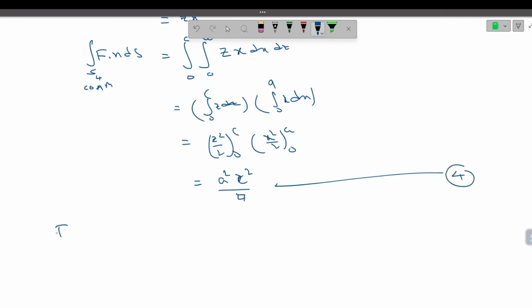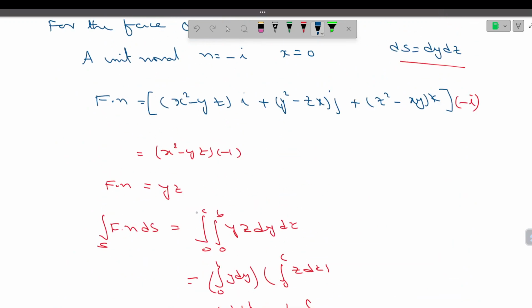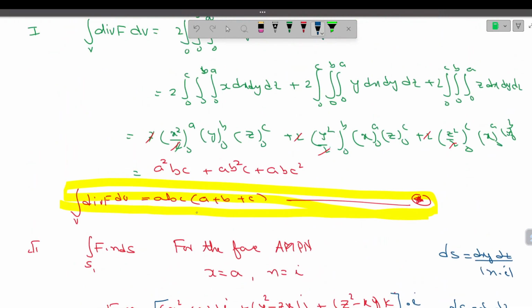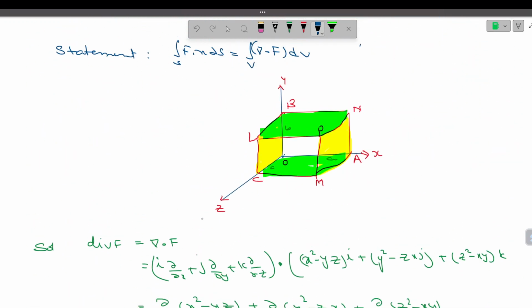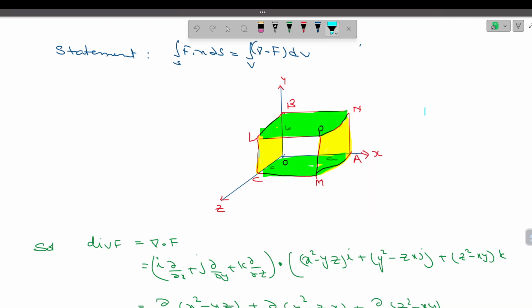Now for the face, the last one. For this face, let me change the color. Okay. For this face, the front one.